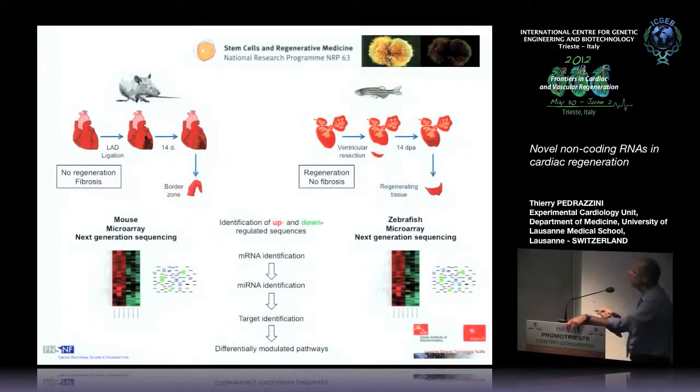So what we did is we took the myocardial infarction model, isolated RNA from the border zone, and applied a microarray analysis and small RNA sequencing to detect microRNA. And we compared these data with those obtained in the regenerative tissue of the fish after 2 weeks, and applied again microarray and small RNA-seq to identify microRNA.